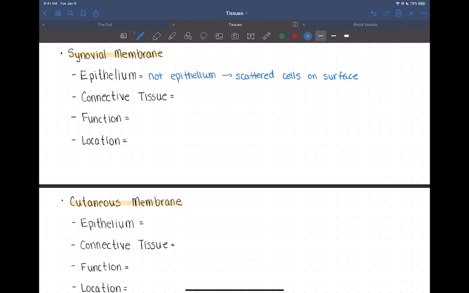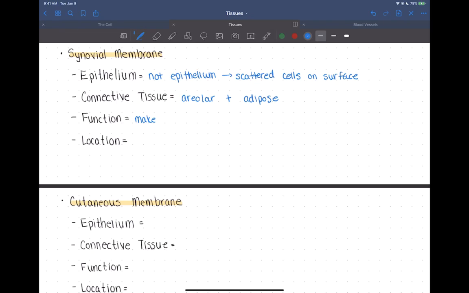Okay. And then the connective tissue underneath is going to be like in our serous membrane, areolar and adipose. All right, and so the function of a synovial membrane is going to be to make synovial fluid. All right, so they're going to make fluid, and they're found in joints.